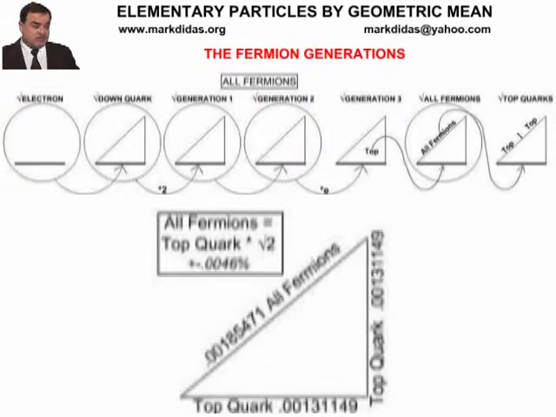Another way of stating this, the square root of the mass magnitude of the top quark is either right triangle leg times the square root of 2, which is a hypotenuse, is equal to the square root of the mass magnitude of all fermions.